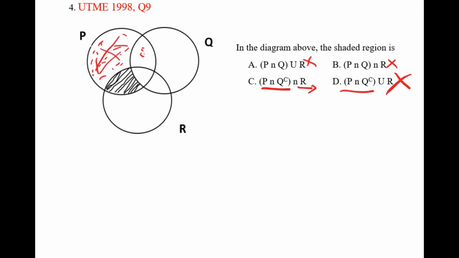Let me clean it. Erasing this part. We are now left with only our shaded part. Then option C is the right answer.